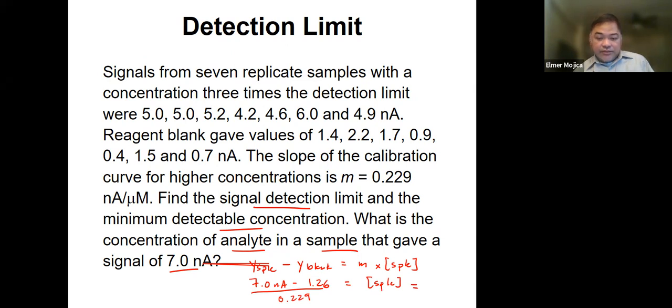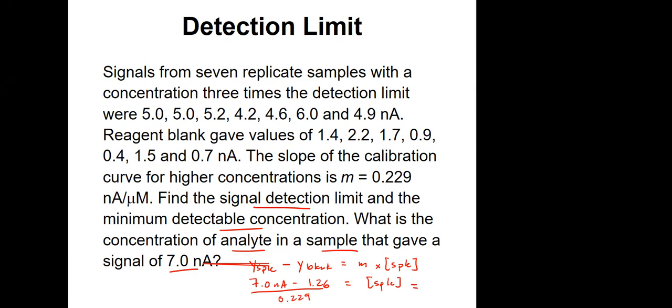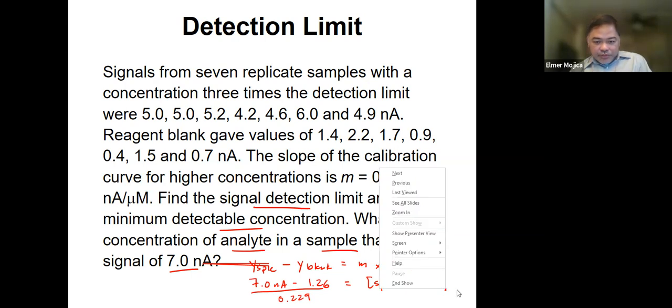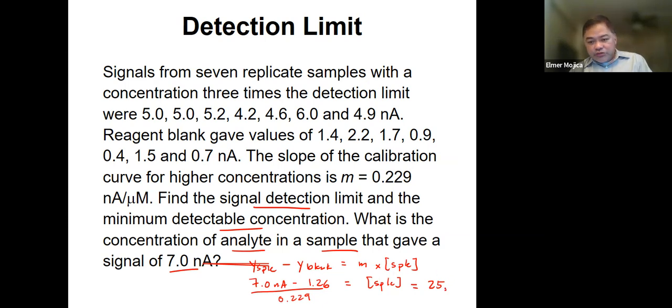So what did you get? 0.07 po. How much? 25.1. Is it 25? Okay, so that means 25.1. Or you could just say 25 because dalawa lang yung significant figures dito.